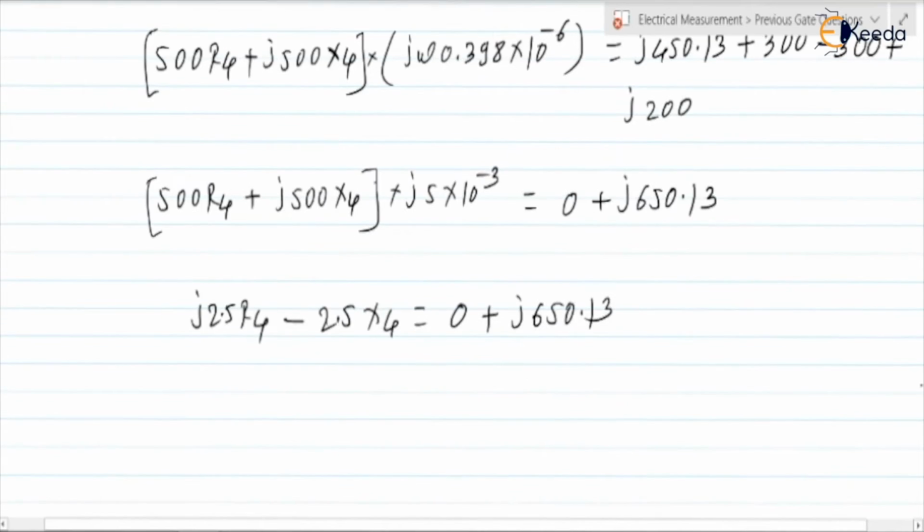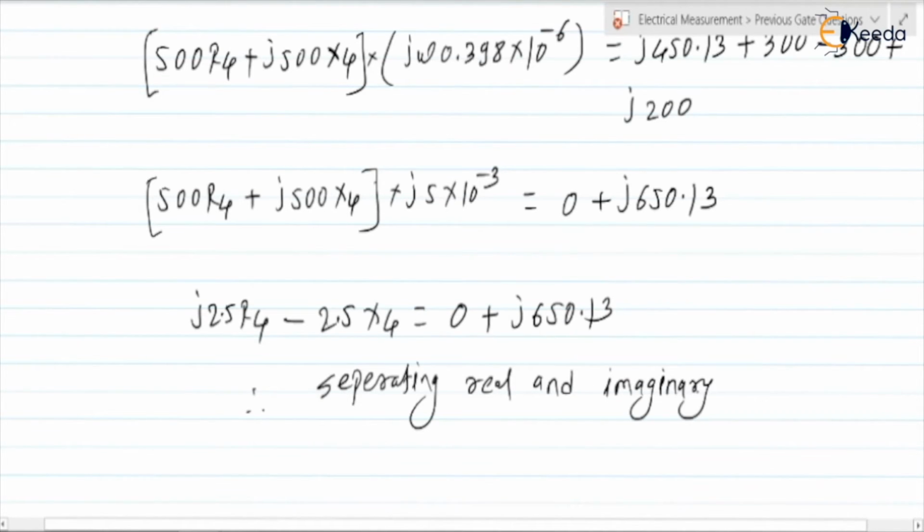So from this, comparing, separating real and imaginary terms, we can write 2.5 into R4 is equal to 650.13, and minus 2.5 into X4 is equal to 0.